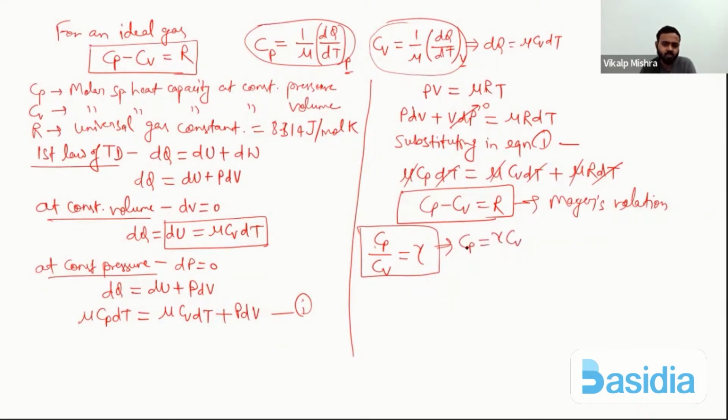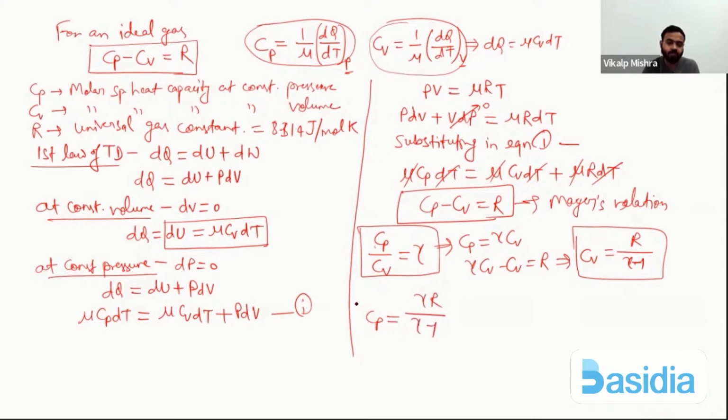Put this value of Cp in this equation, and we get gamma Cv minus Cv equals R. Taking Cv common, we get Cv equals R divided by gamma minus 1. Another formula for Cv. The value of gamma is different for different gases, which we will see when we study the adiabatic process. Similarly, putting this value of Cv, we get Cp equals gamma R divided by gamma minus 1.